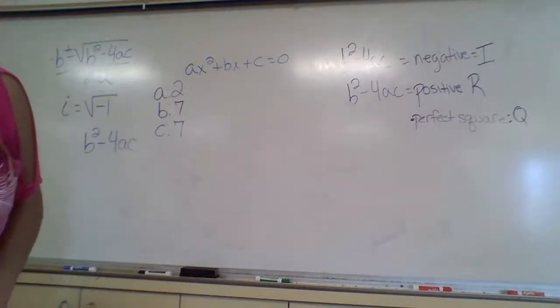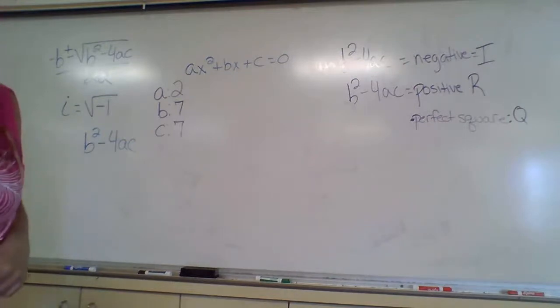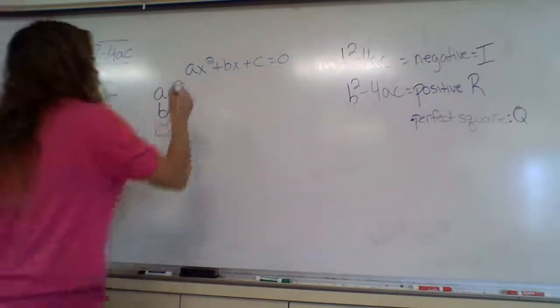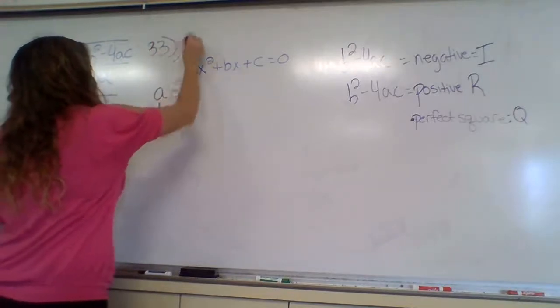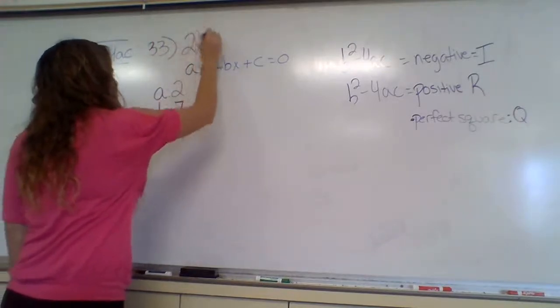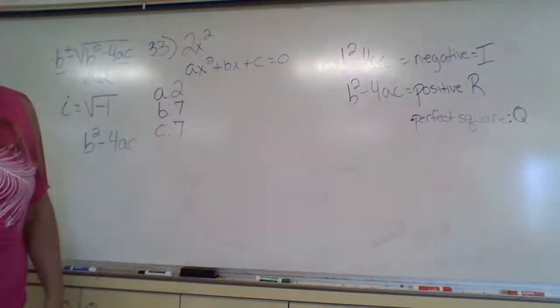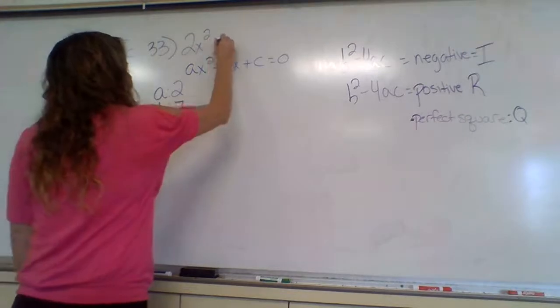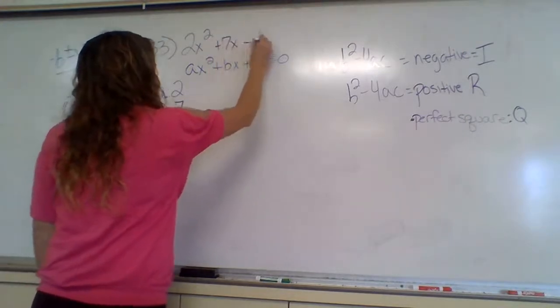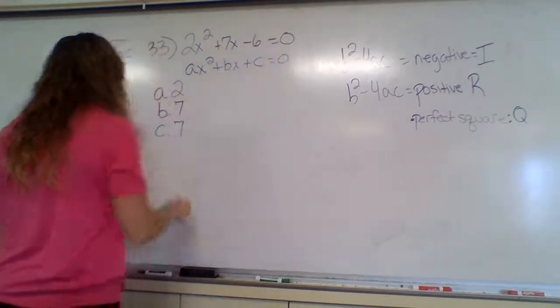Did 31. Let's do 33. 2x squared plus 7x minus 6 equals 0.